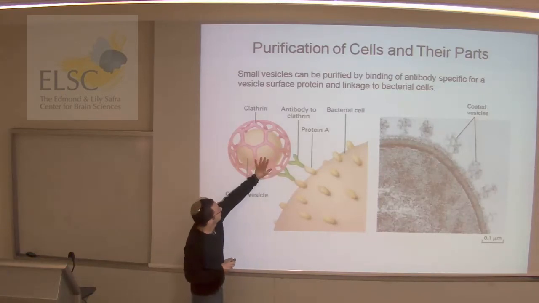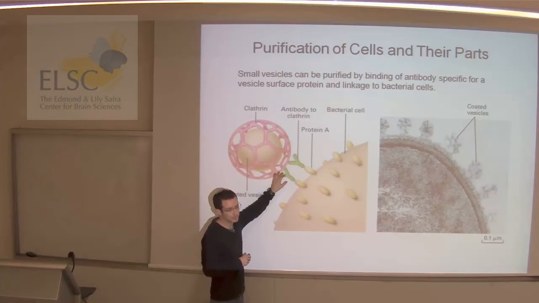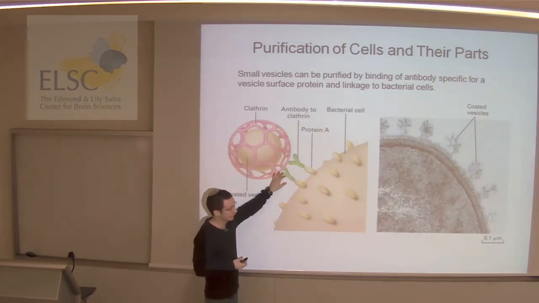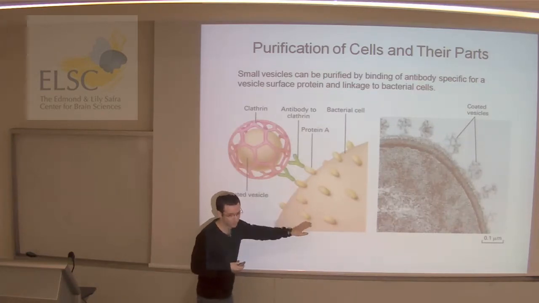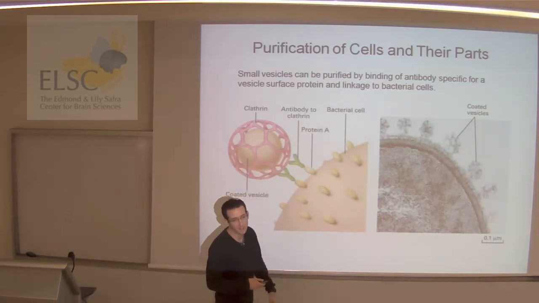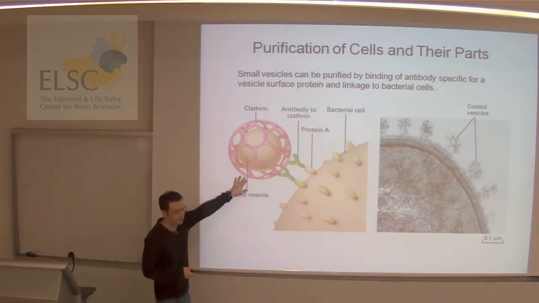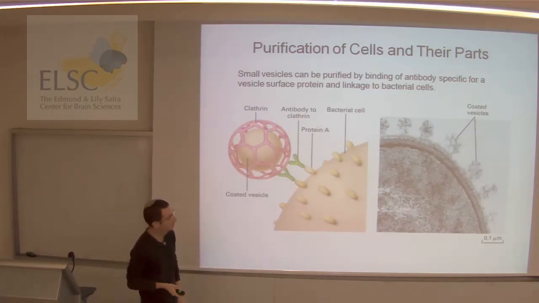The antibody recognizes the vesicle, and it's not a covalent bond, but it's a stable enough bond for the bacterial cell to be sedimented together with the vesicle during centrifugation. So effectively, you just increase the mass of the vesicle. This is the principle that underlies this procedure.